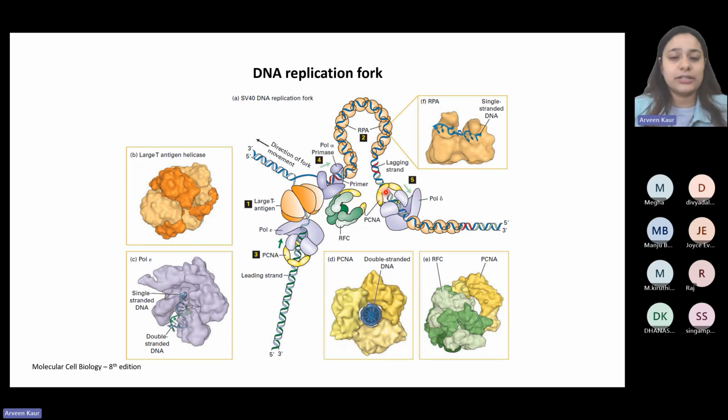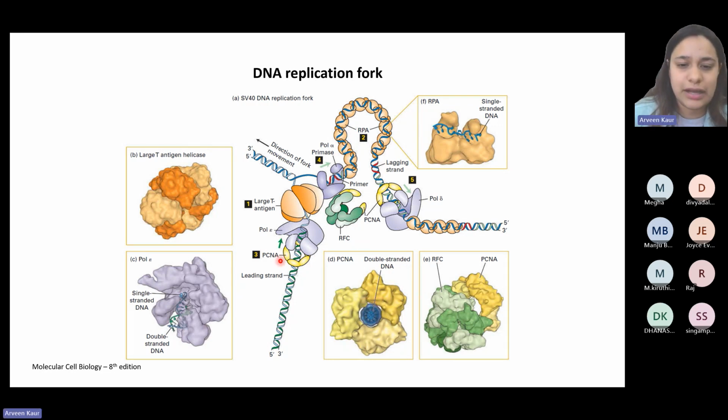It will basically hold the polymerase onto this particular DNA that it has to remain on, right? So it will go and bind, and this PCNA, this open loop, will close around the DNA. It will close such that now this polymerase, until its work is done, cannot fall off this particular DNA that it has to work on, right? So that is PCNA. It will form a loop around double-stranded DNA.